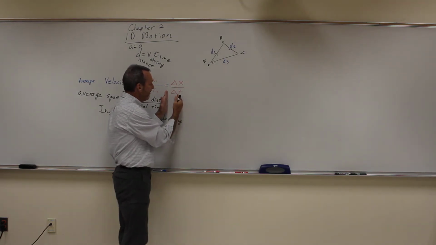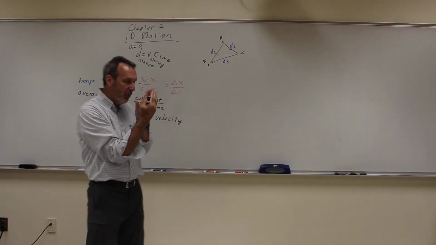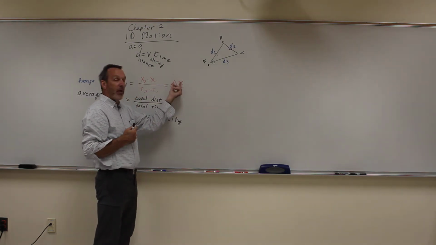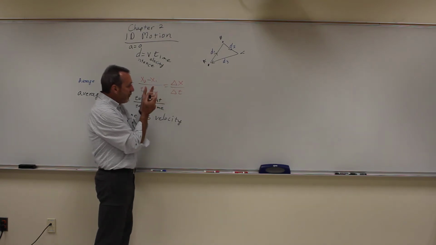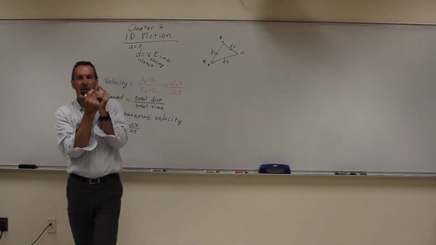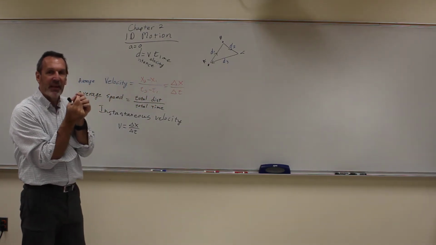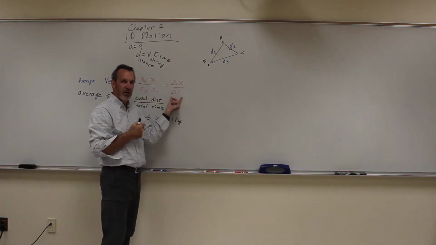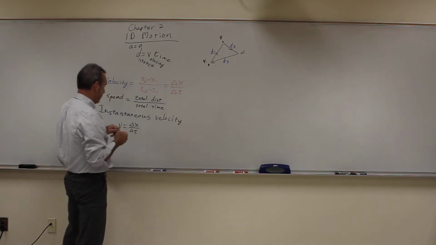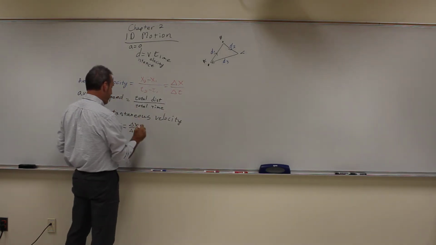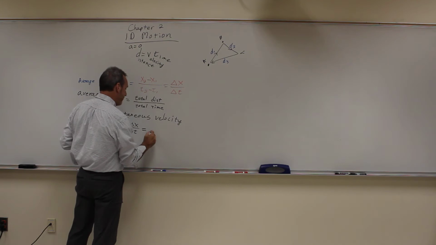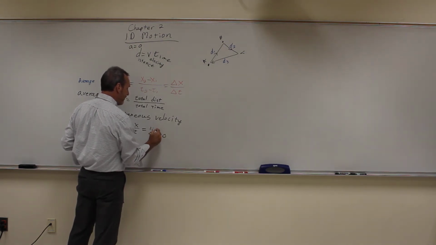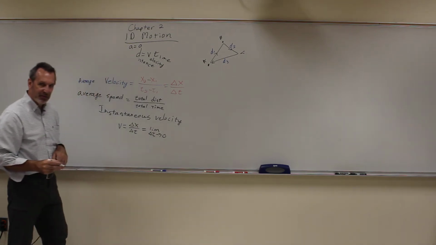But if I make this time shorter and shorter and shorter, then the smaller I make this time, the smaller the x becomes, and they approach a point where you get the velocity exactly at that instant. Or we're going to change delta t into what we call an infinitesimal. Or instantaneous velocity is going to be let delta t go to 0. It never gets to 0, but if you're taking calculus, you get used to that, right?